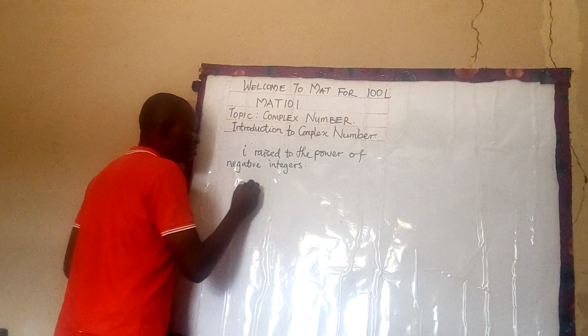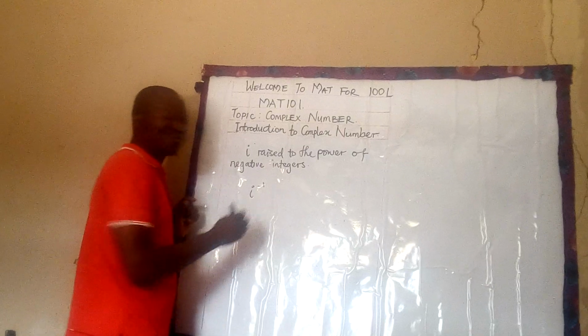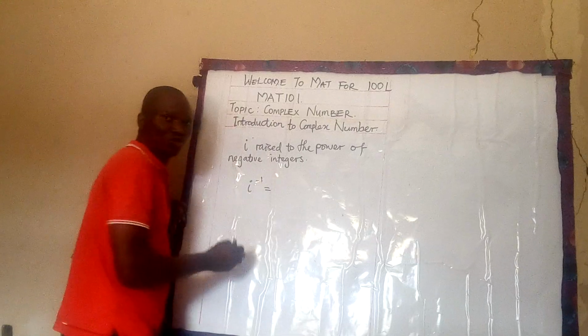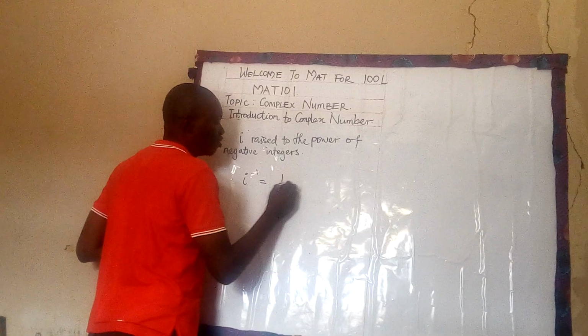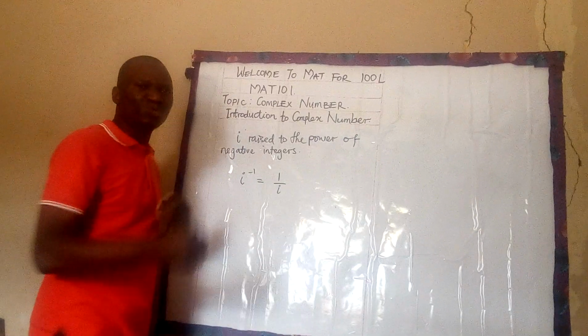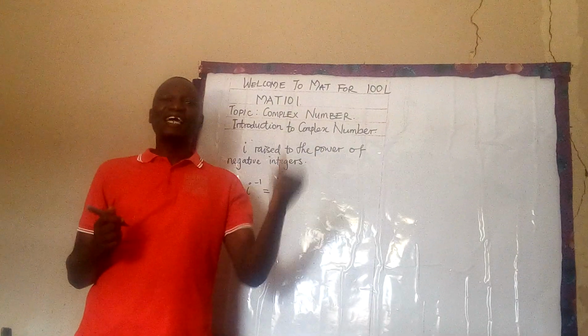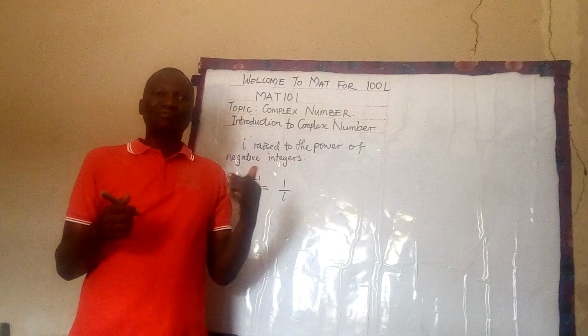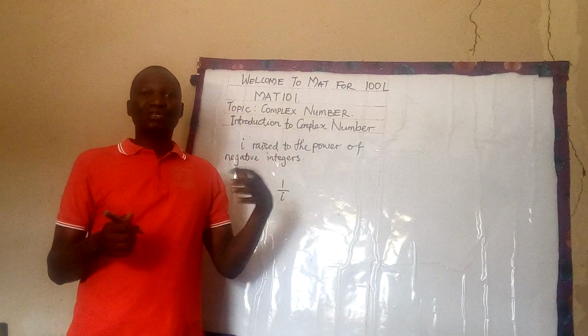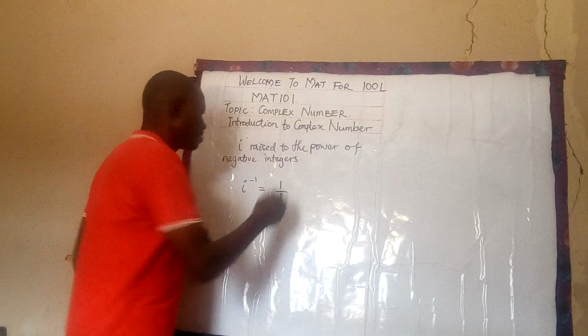When we have i raised to the power of negative 1, we know that it is equal to 1 all over i. And this 1 over i we want to manipulate in such a way that we can get familiar values for the iota which we have known in the past.